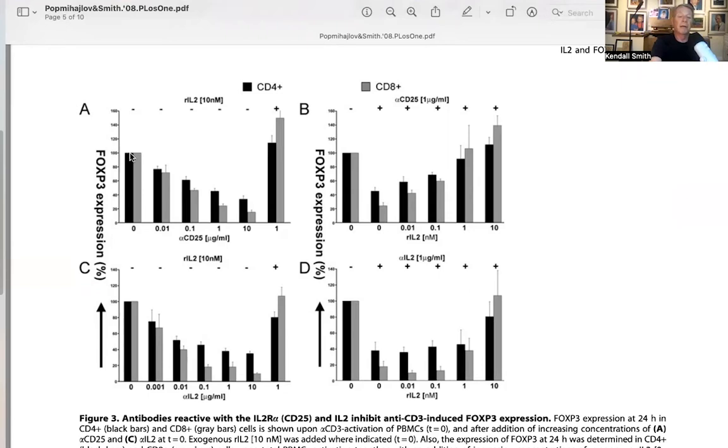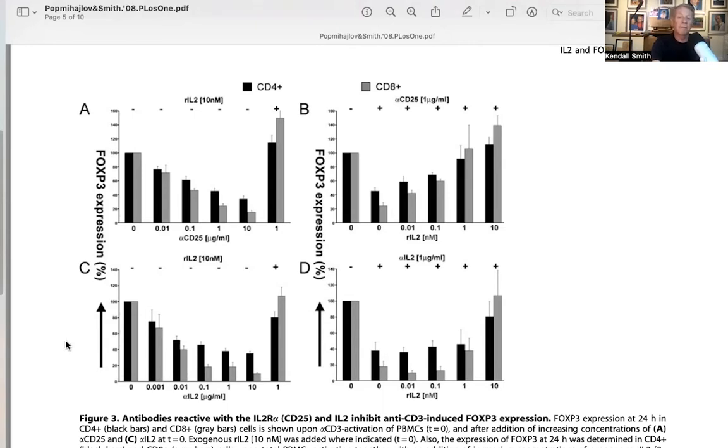You get this amount of FOXP3. If you add in interleukin-2, it goes up a little bit. If you then take anti-alpha chain positive with increasing concentrations of anti-IL-2 receptor, you see progressively decreased expression of FOXP3. And then you can overcome that suppression by adding back in interleukin-2.